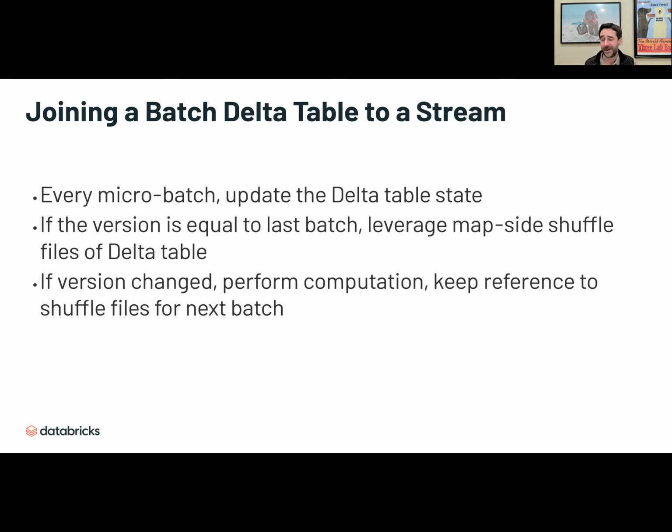This is something that I don't know anywhere else in the world that you can actually do, but that is something that you can do in a Delta table, where you can have a static to stream join where the static table can change, and then manipulate the join appropriately based off of that change in the static table.